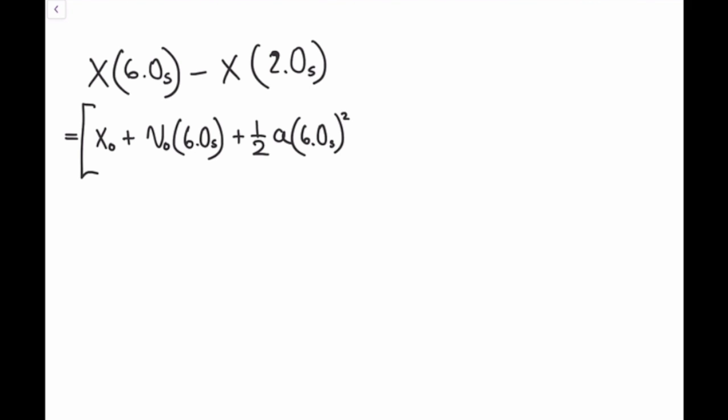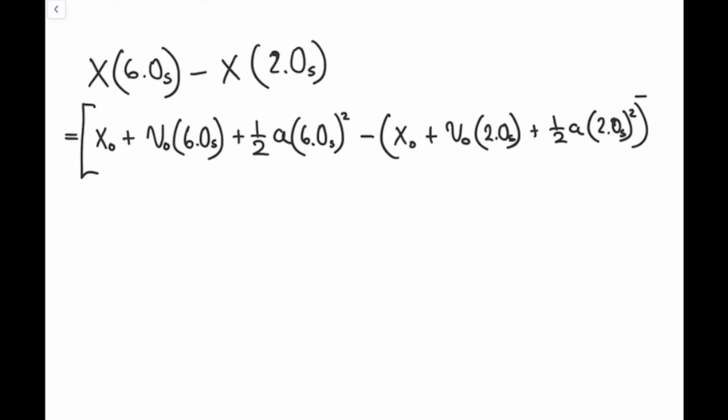Now we subtract the equation with the lesser time. I'm going to put it in parentheses because the minus sign is going to be distributed after: initial distance again, plus initial velocity times the time 2.0 seconds, plus 1/2 the acceleration times 2.0 seconds, squared, in parentheses.